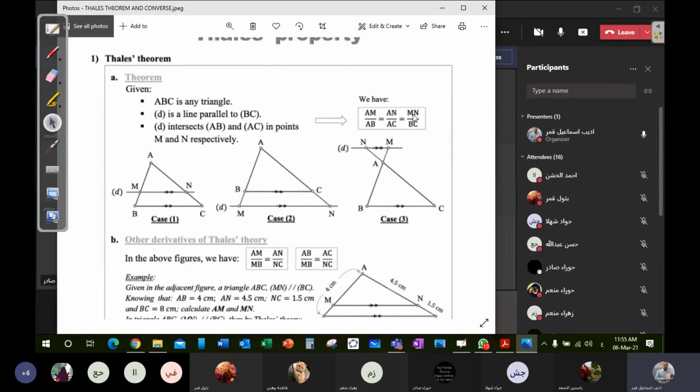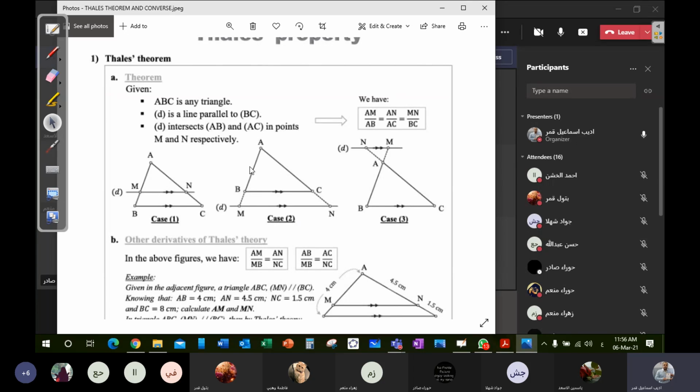So we continue to write the general form of Thales theorem by writing MN over BC. Even if the line D is parallel to BC and outside the segments, it cuts the lines AB and AC, like in case 2.